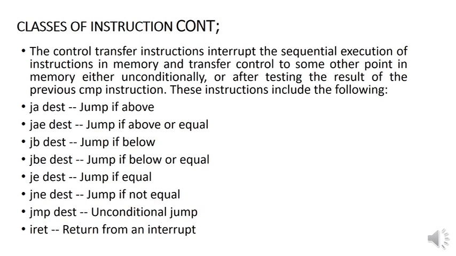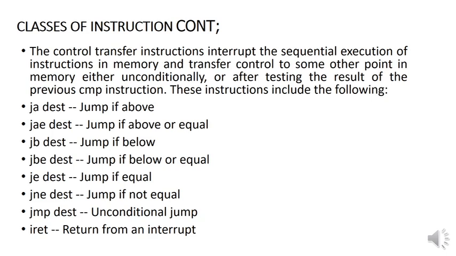If you look at it, the first 6 instructions in the group let you check the result of the previous CMP instruction for greater than, greater or equal, less than, less or equal, equality, or inequality.